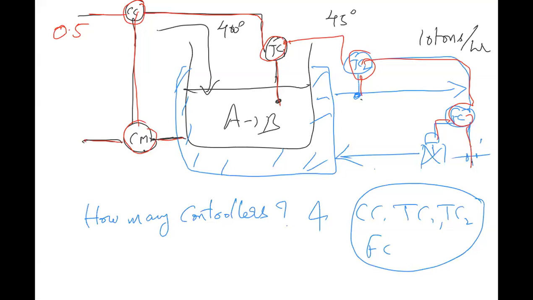See, the concentration of the CSTR depends upon the temperature of the CSTR. The temperature of the CSTR depends upon the temperature of the cooling water. The temperature of the cooling water depends upon the flow of cooling water. That is how the system is. So I think this is what cascade control is.